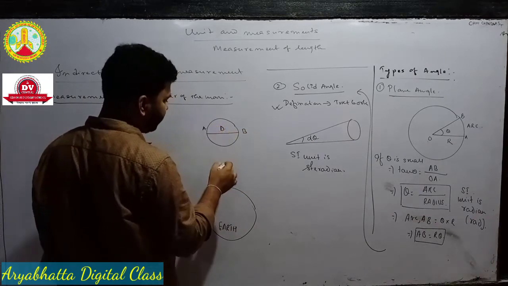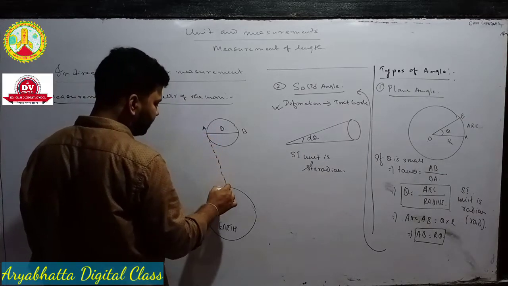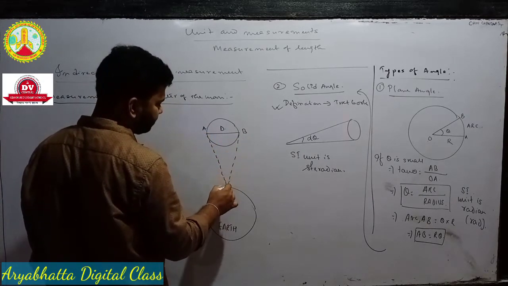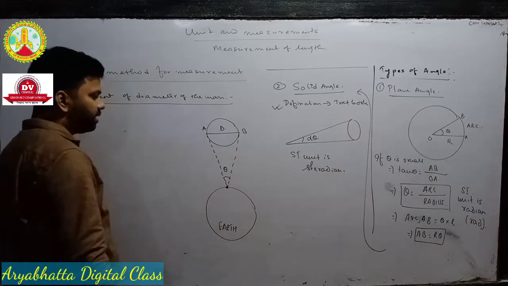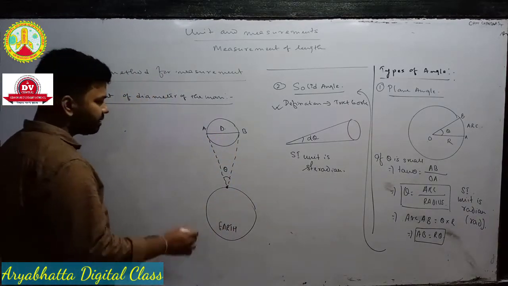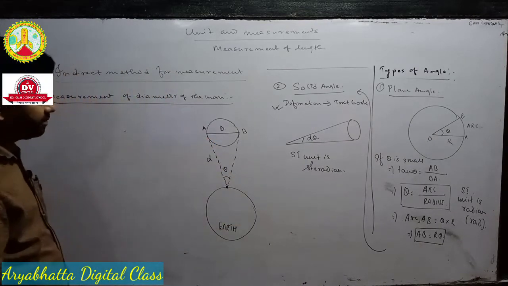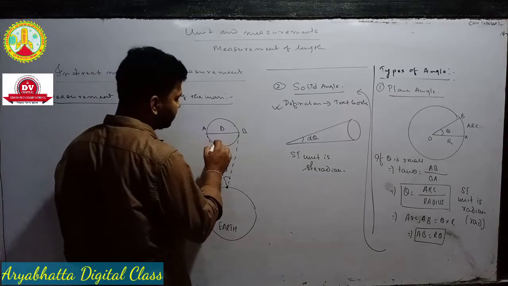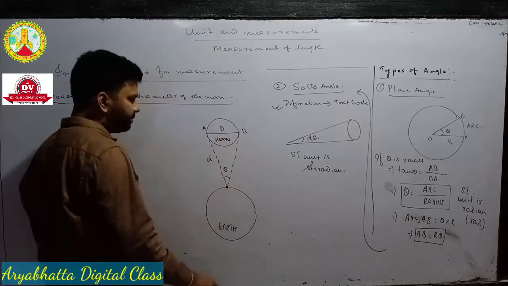The diameter is D. So you are observing the moon. Suppose one is this one, another is this one. Okay, what is the angle in between these two lines? This is equal to theta. And what is this? This is the distance between the moon and the earth. ये क्या है? This is moon. So you got the relation.